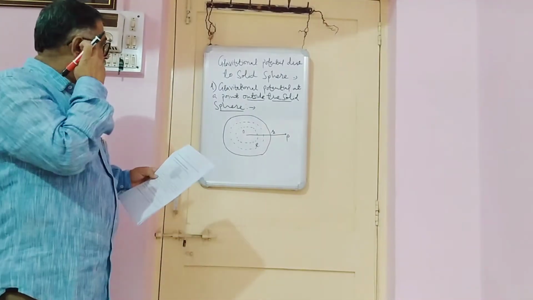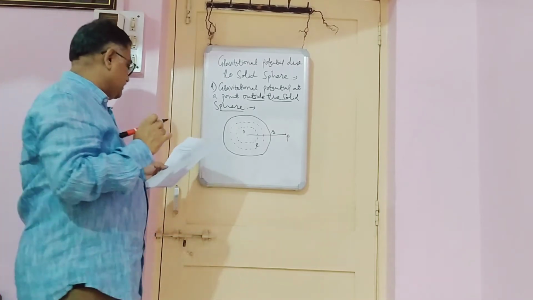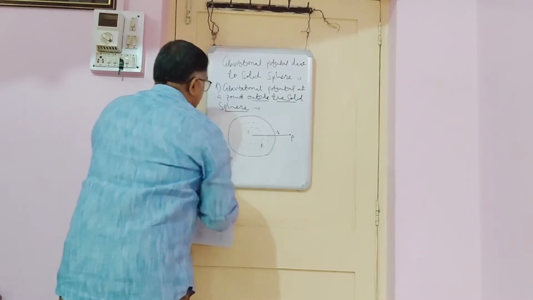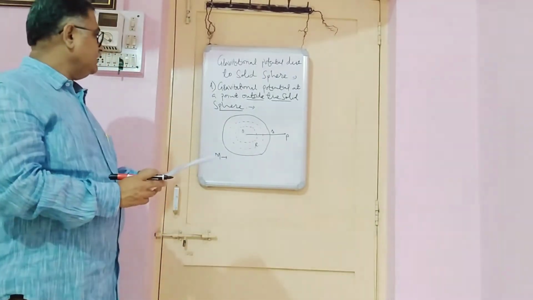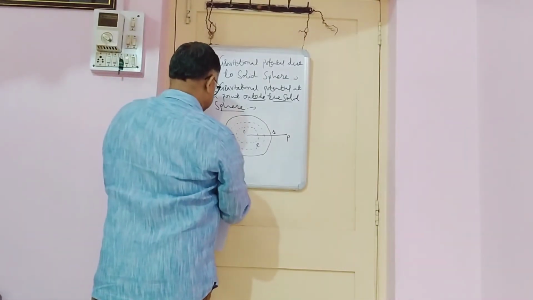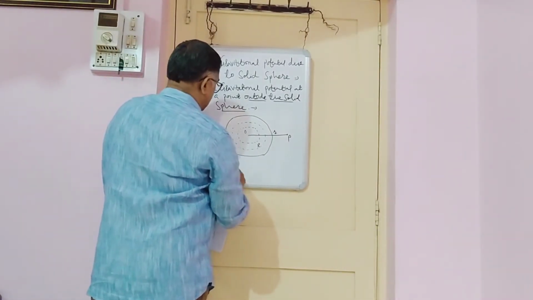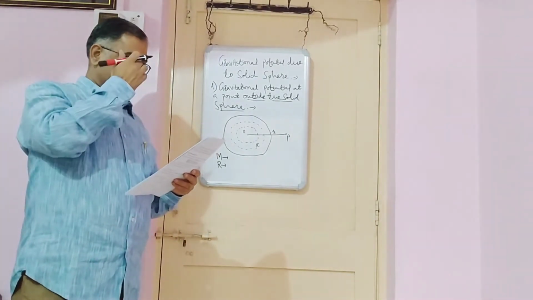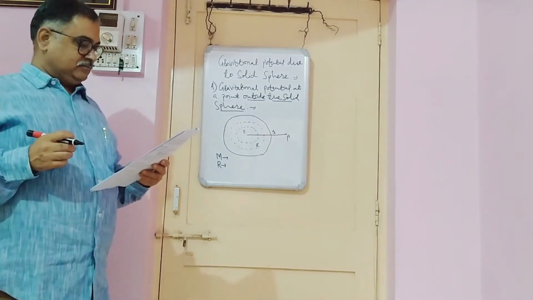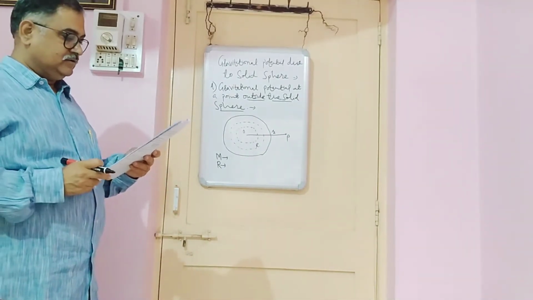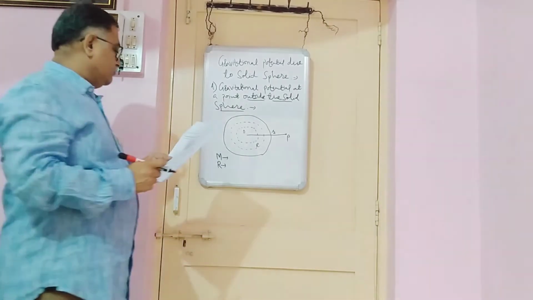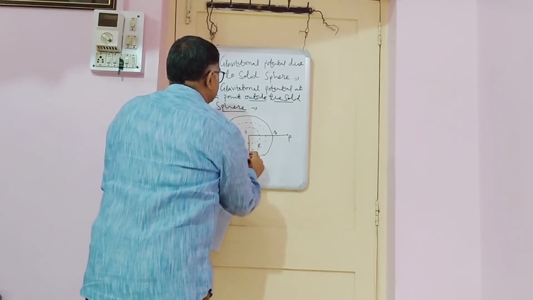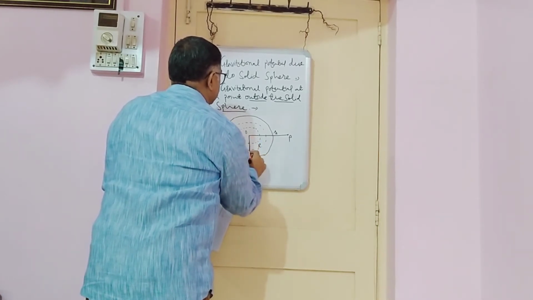The mass of this solid sphere is M, and capital R is the radius of this solid sphere. For showing the radius we can draw it in this way.